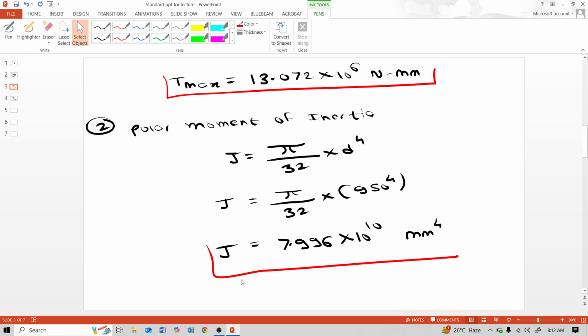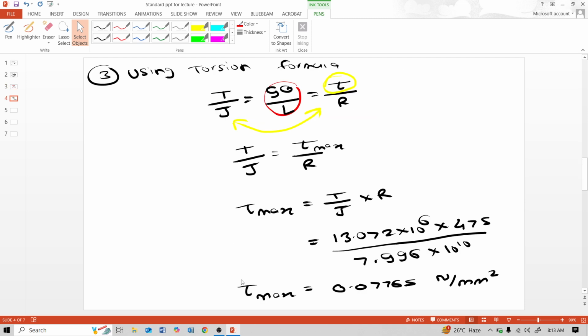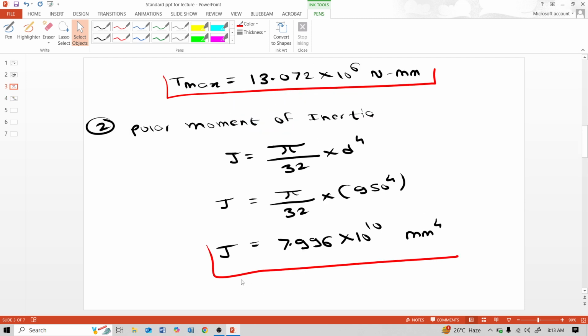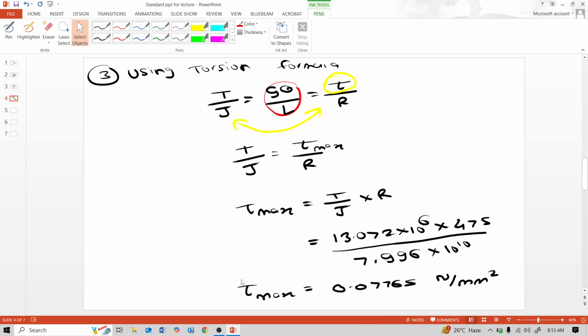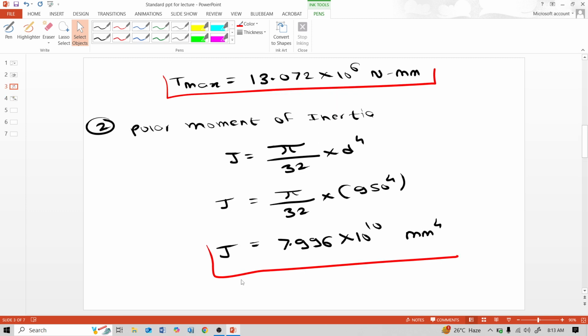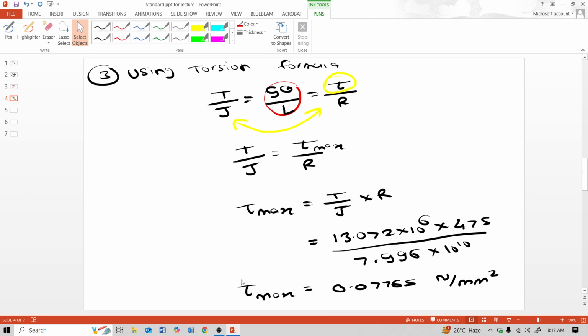And see, I used the Newton mm value in this torsion formula. This maximum torque value is in Newton mm. I chose to put this in the torsion formula because I need the maximum shear stress in Newton per mm square. J is in mm raised to 4, maximum torque is in Newton mm, and R is also in mm.